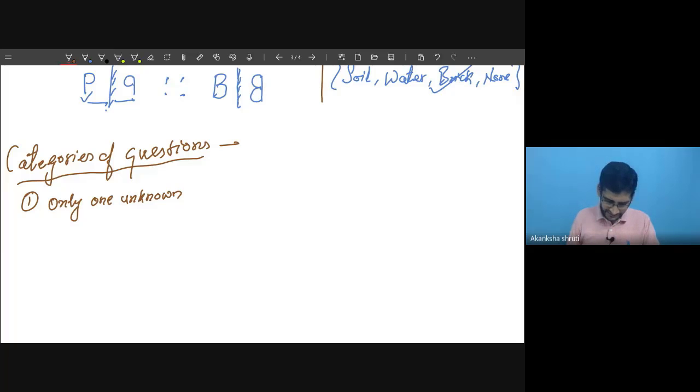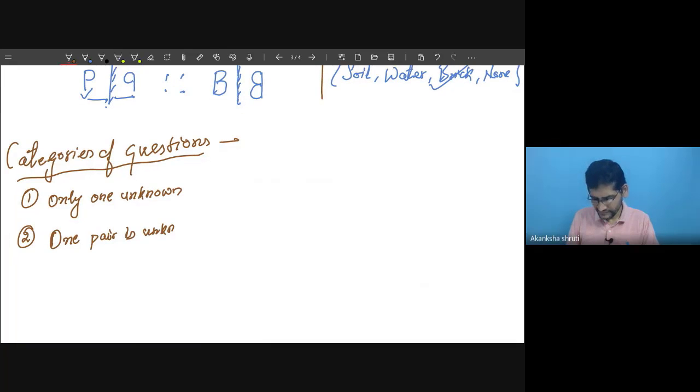Another, entire pair is unknown, means one pair is unknown. The third one may ask for the wrong pair.